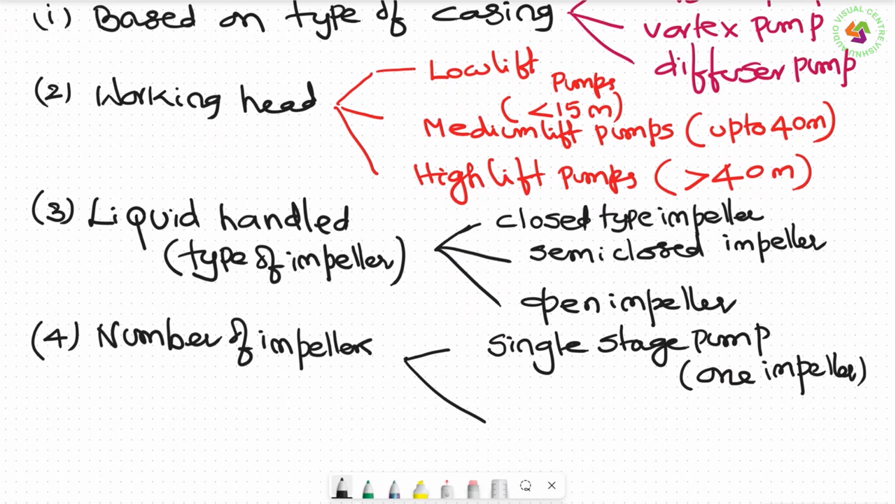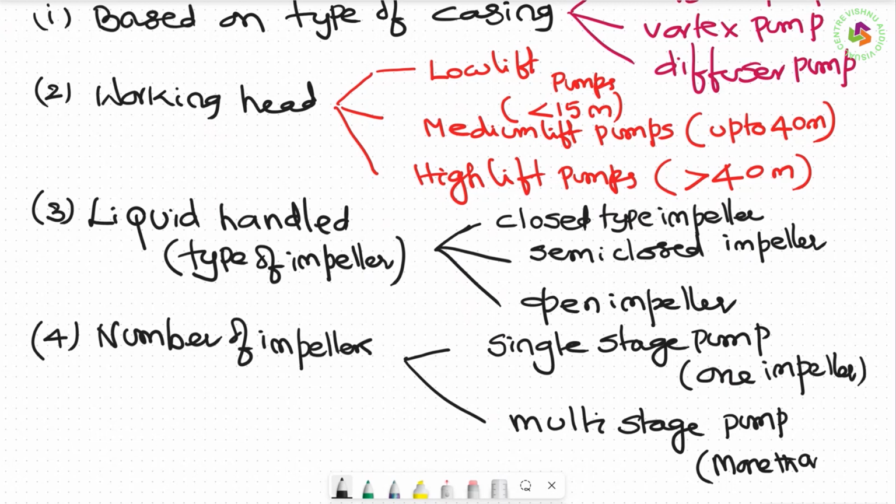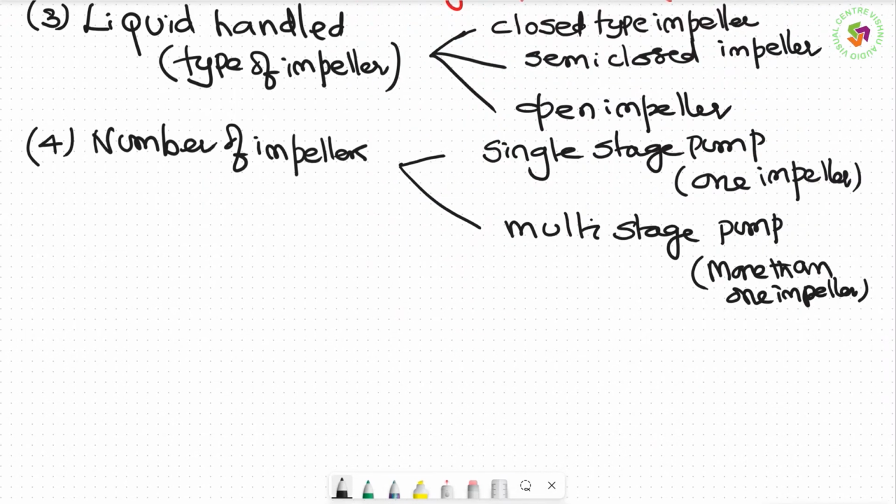If it has more than one impeller, we call it a multi-stage pump. If there are two impellers, a two-stage pump; three impellers, a three-stage pump. So that is the fourth.